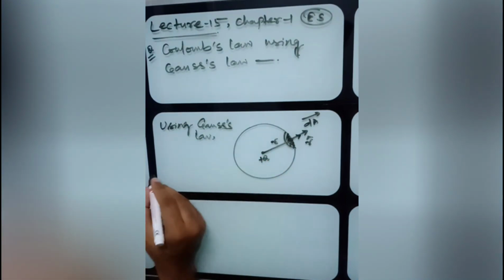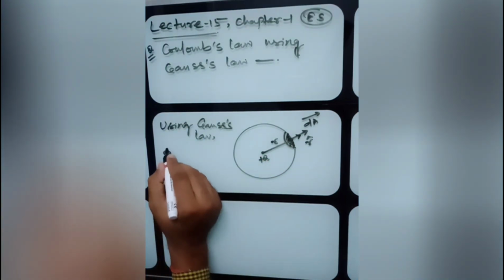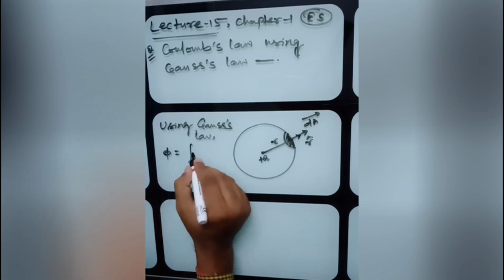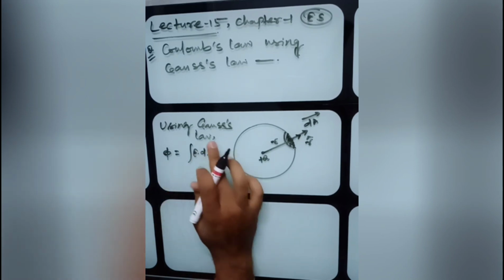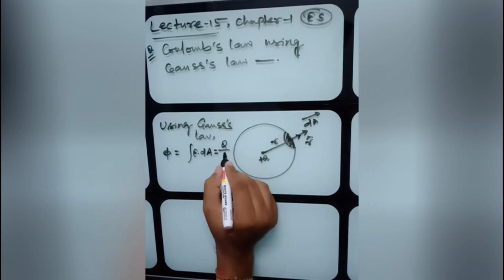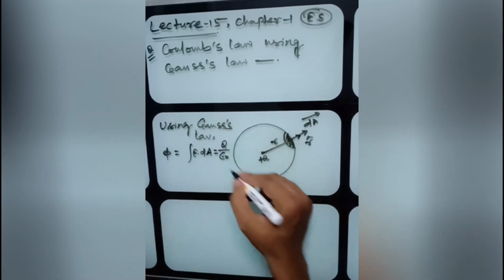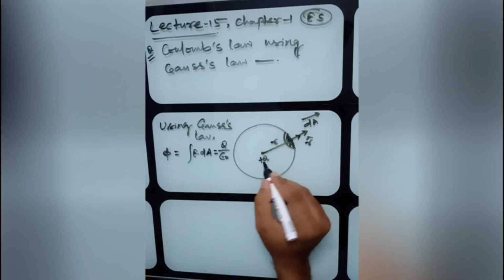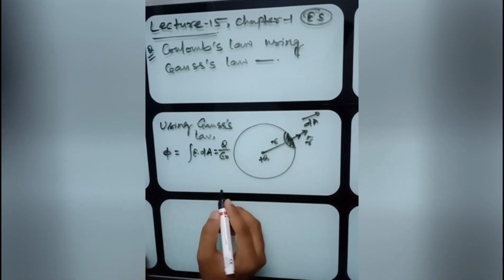So phi equals the surface integral of E dot dA, which equals q by epsilon naught. How much charge is enclosed by this surface? Q. So q enclosed by epsilon naught.